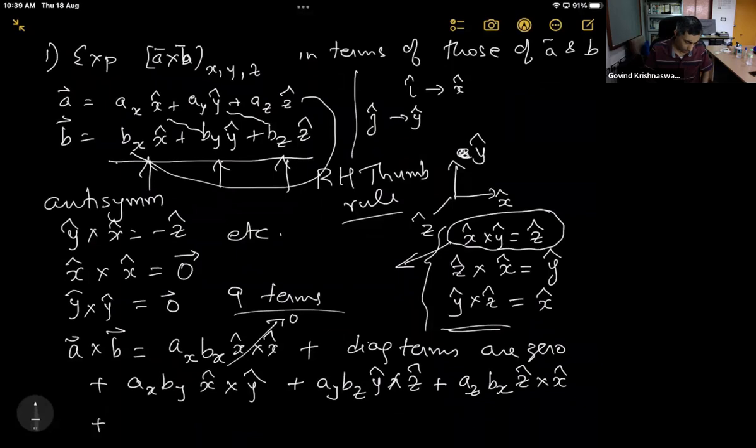And then we've got 3 more left, which should be AX, BZ, X cross Z, plus AY, BX, Y cross X. Just so I know that you are following me, what is the last term that I have not written?